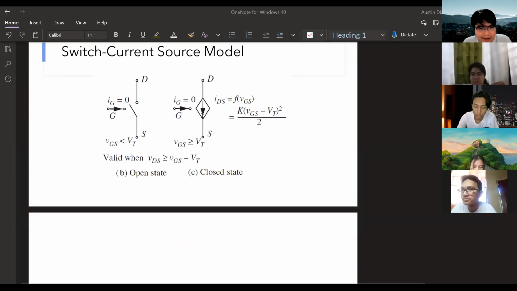So yung current source, it would have this characteristic. So IDS must be equal to K, some constant K, nasa properties ng MOSFET, then times the gate voltage minus VT squared. Valid when VDS must be greater than VGS minus VT. So saturation siya, valid.